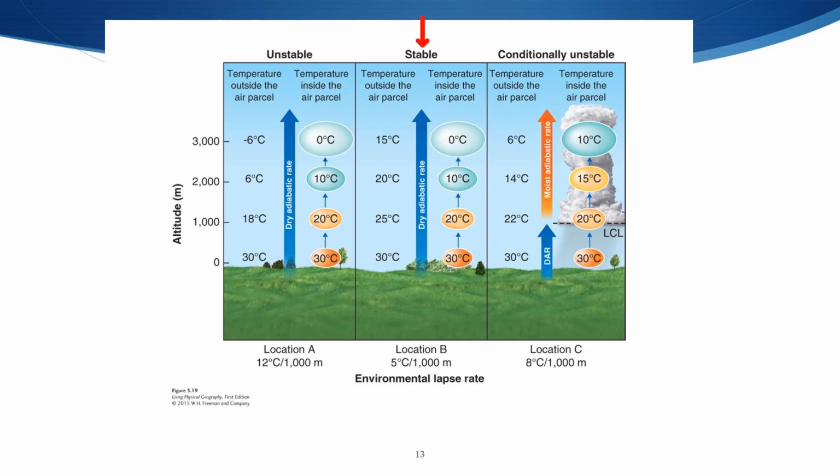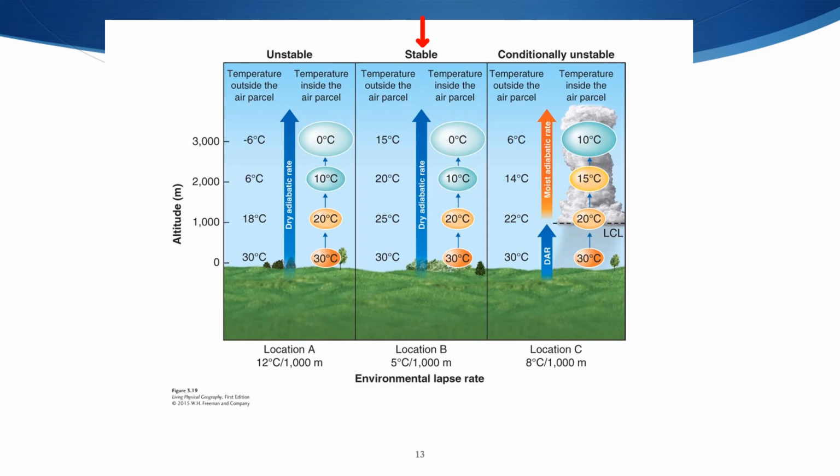Now let's go to the stable scenario. Let's look at the temperatures here. We're starting again at 30 degrees Celsius for both the air parcel and the surrounding air. But as we go up, let's see how those temperatures compare. At 1,000 meters, the air parcel is 20 degrees Celsius, but the ambient air is 25.